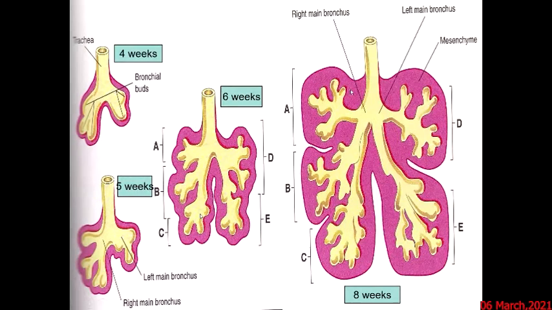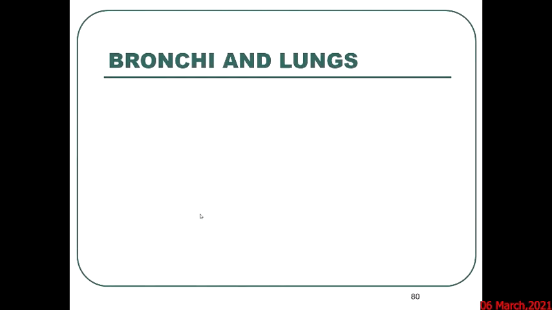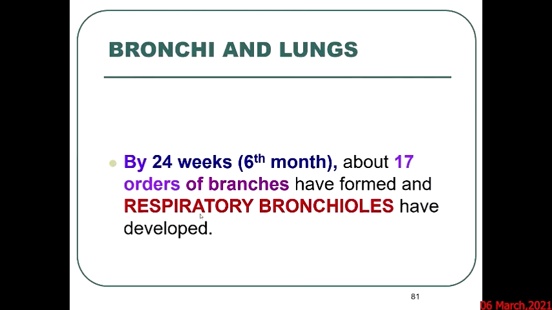And these segmental bronchi, by 24 weeks, they divide 17 times. About 17 orders of branches are formed, and then respiratory bronchioles have developed.